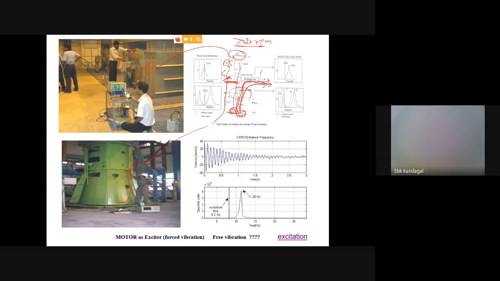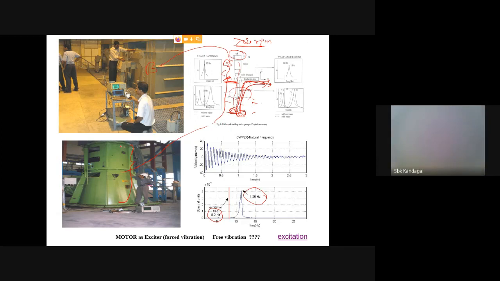For that purpose, we did in situ measurements using accelerometers and a frequency analyzer data system, and tried to find out the natural frequency of this cooling water pump. As you see here, the excitation frequency was around 8.2 hertz, and we shifted the natural frequency to 11.25 hertz, so that there is no resonance problem as such.